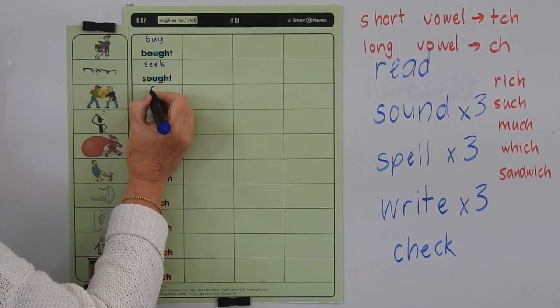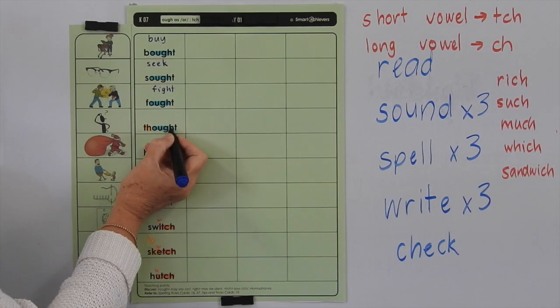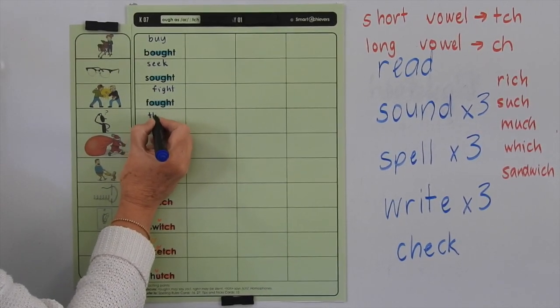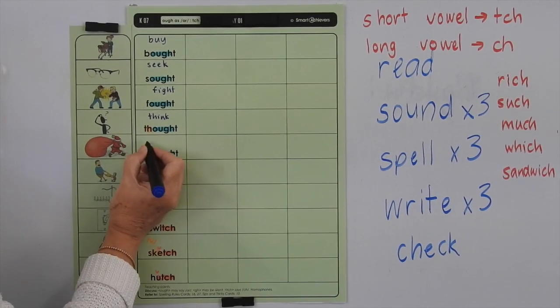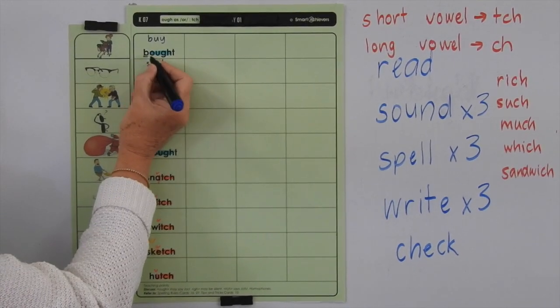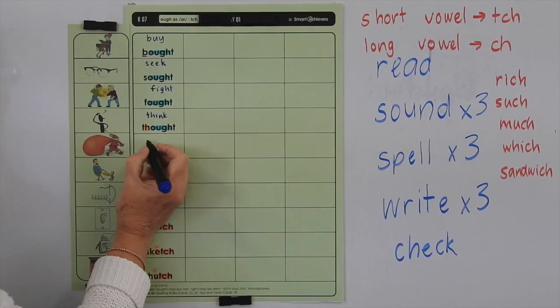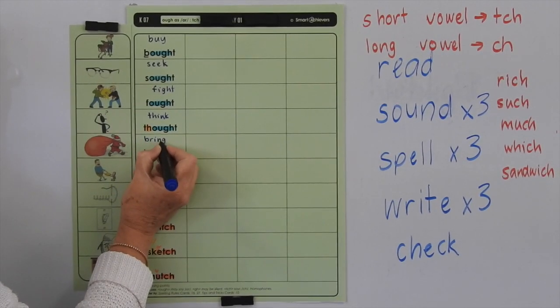Fought comes from the word fight, and thought comes from the word think. And brought comes from, if you look at the BR as opposed to the B, just the B, the brought tells us it's from the word bring.